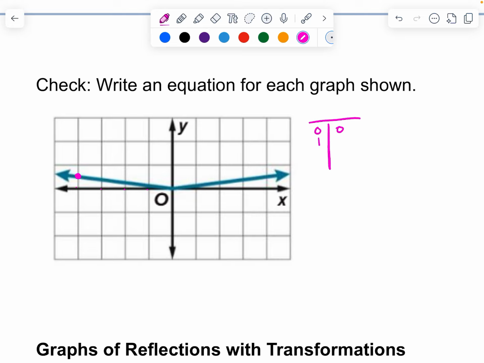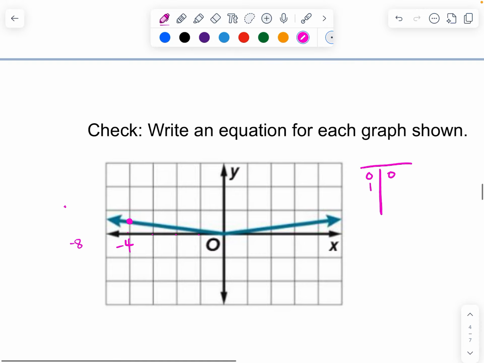And on this one, let's do this. At 1, 2, 3, 4, negative 4, it's halfway up. So that means at negative 8, it would be all the way up. It would be at 1.